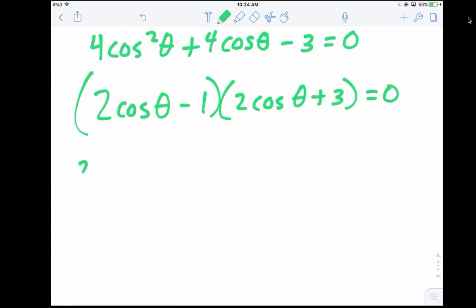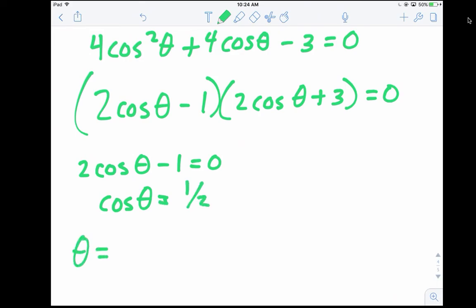First factor, 2 cosine minus 1 equals 0. So where does cosine equal 1/2? That would be pi over 3 and 5 pi over 3.